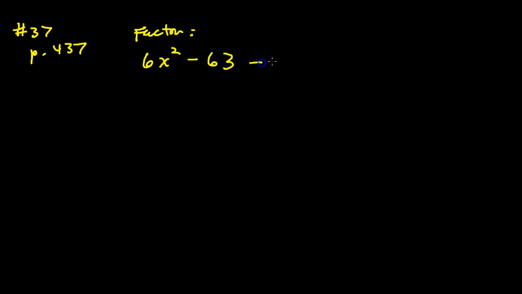I'll do two or three more today. Let's see, this is number 37 in the homework list on page 437, exercise or study set 5.8. Factor completely: 6x squared minus 63 minus 13x.